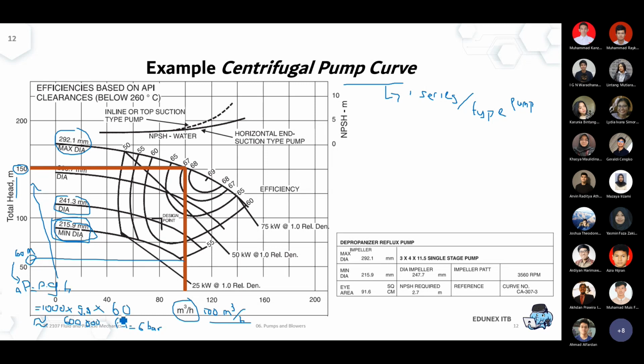Now instead of 60 meters head differential, you get 150. So the delta P generated will be roughly close to 15 bar, right? So if you insert the water at atmospheric pressure, it will exit the pump at 16 bar using this specific impeller.